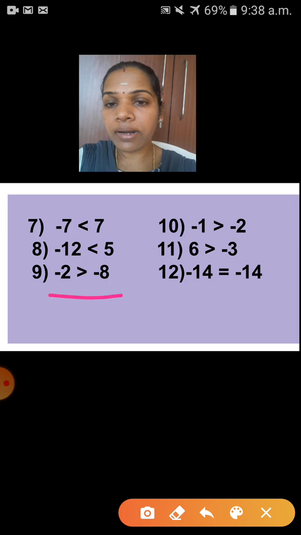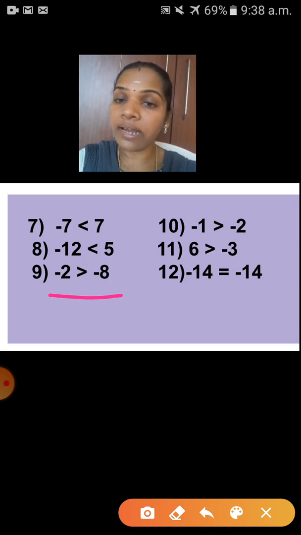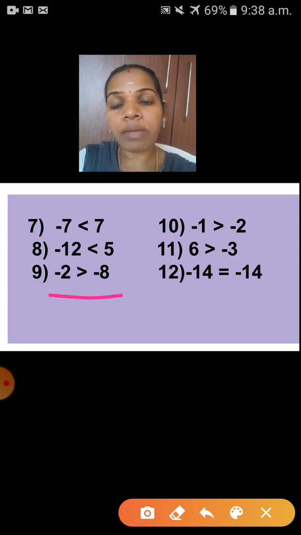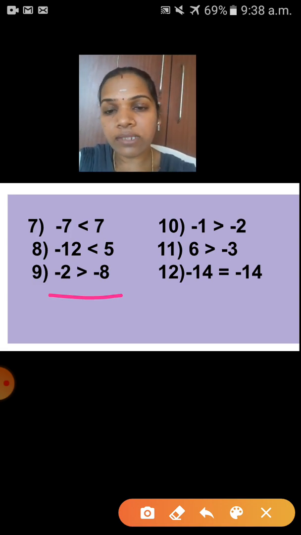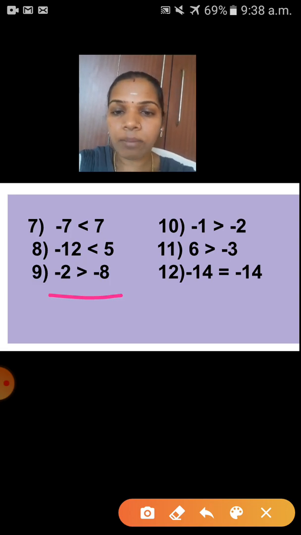So imagine the number line, where minus 2 and minus 8 are present. Which one is on the right side? Yes, minus 2 is on the right side and minus 8 is on the left side. So here minus 2 is greater than minus 8. Otherwise you can do it like this also: minus 2 and minus 8, here the greater numerical value is 8. So that value is smaller than the other number.